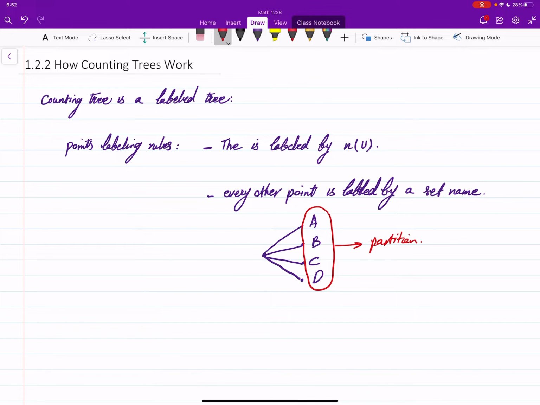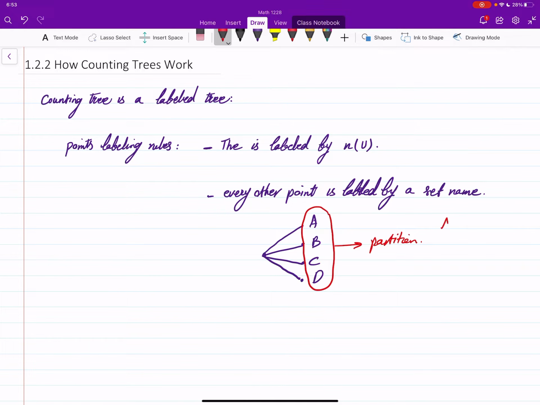What does partition mean? It means that they are mutually exclusive two by two, so they don't intersect, and if you find the union of them, it forms the universal set.